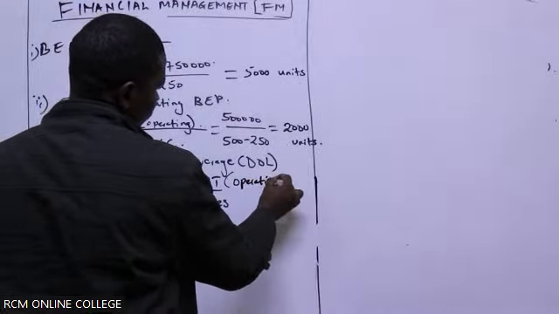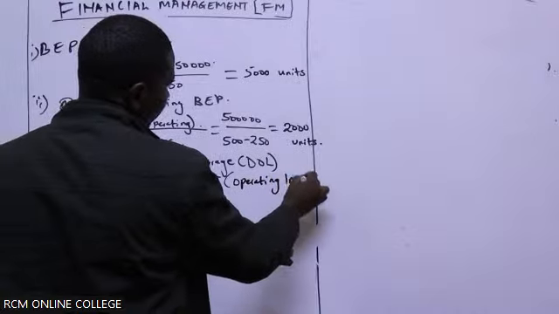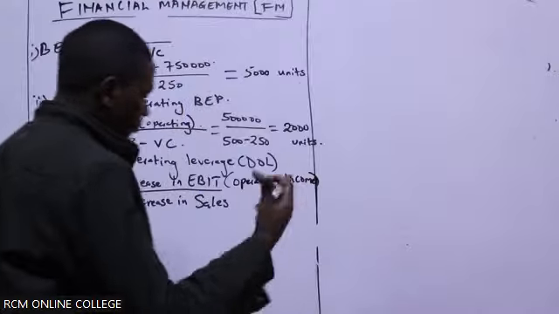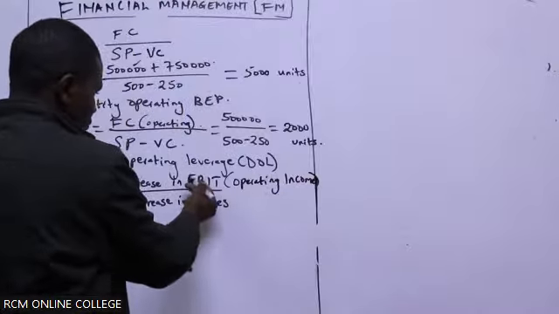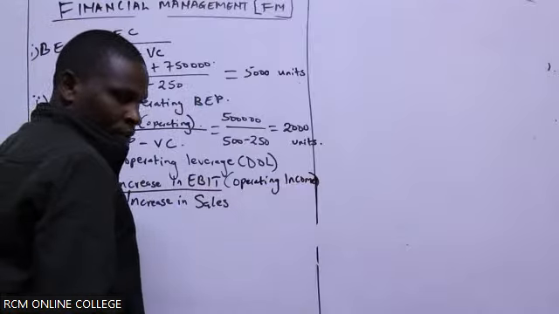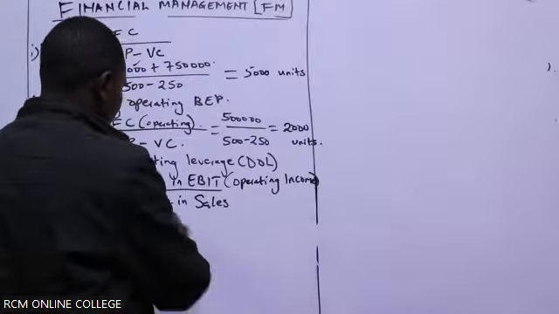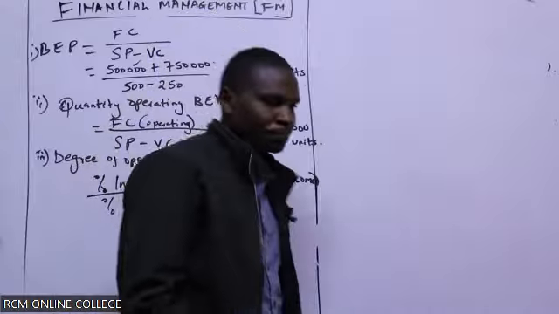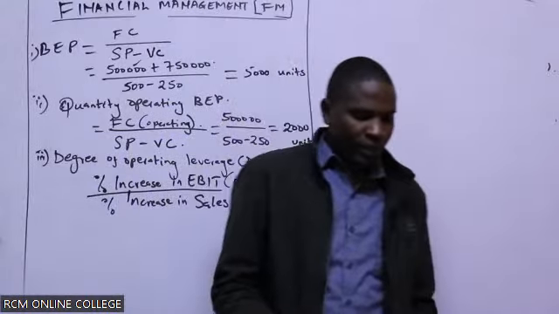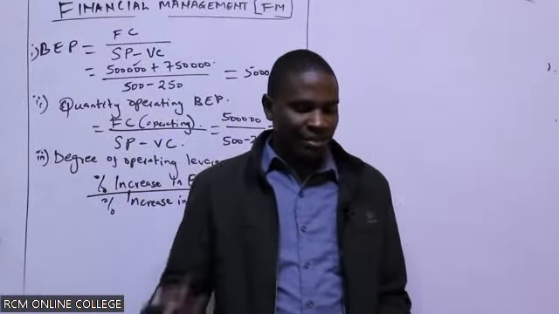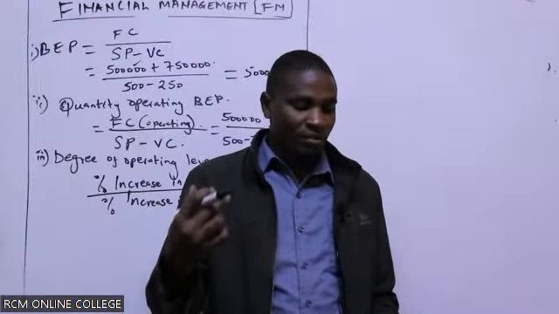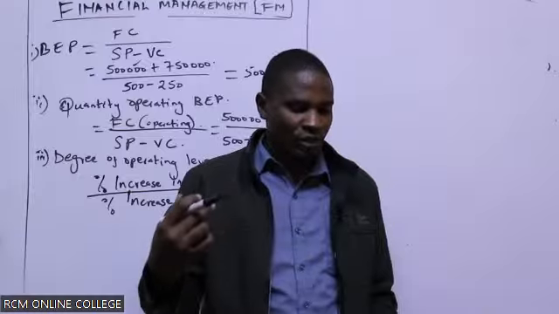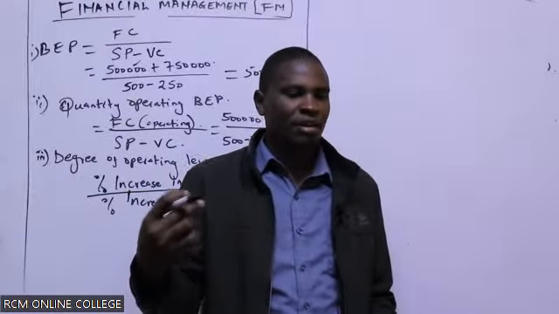Good. Operating income. Are we together? Nataka ushike pia, we shall be using EBIT. And then percentage increase in sale. Good. Now, the given analysis reveals that if the firm's sales increase by 10%, the firm's earning before interest and tax, EBIT, increases by 15%.